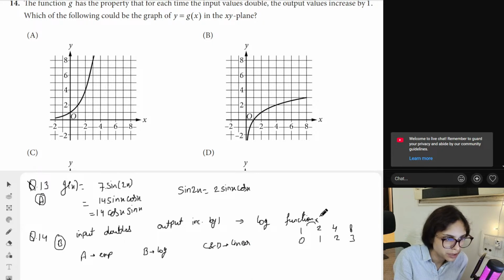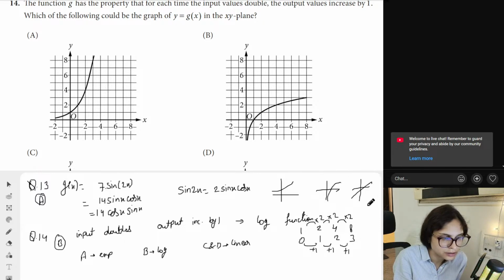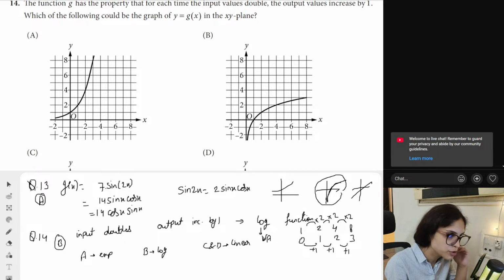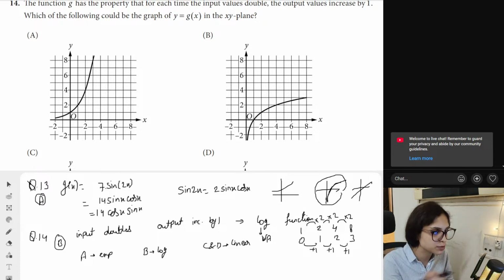So the input you are multiplying by 2 and you're adding 1 to the output. If you remember the approximate graphs, the exponential graph looks like this, log looks like this, these are linear. Log graphs have only a vertical asymptote, and option B is the only function with one. In option A there's a horizontal asymptote, so that is exponential.